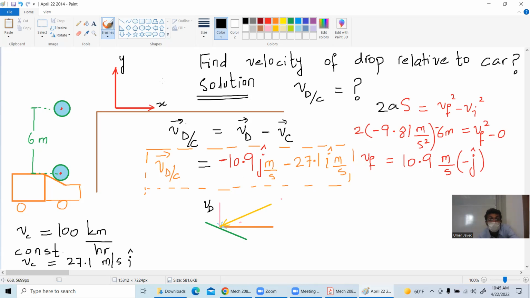Oh, I apologize. I think I put the arrow direction wrong. So this is VC. I'm sorry. Velocity of car. And VD minus VC will be this direction.